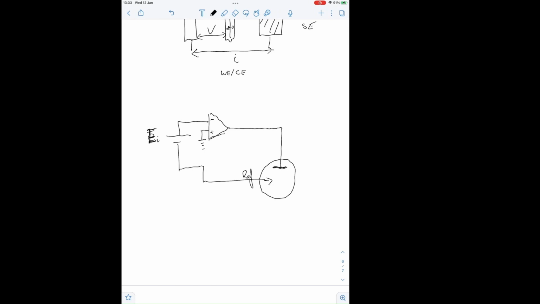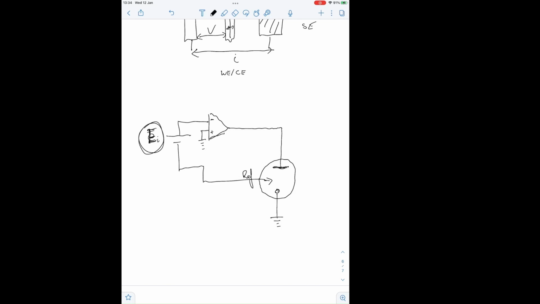This is our counter electrode, and this is our working electrode. So this is a circuit that will allow current to flow between here, and set the potential between here and here. Now, if I set the potential between here and here to be the potential here, Ei.